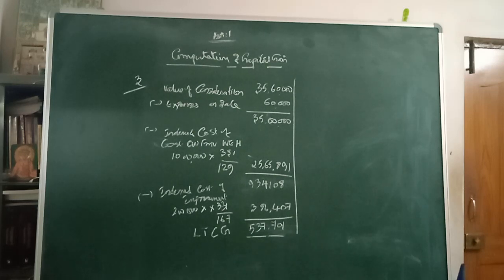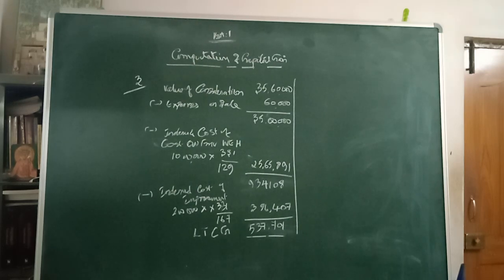So two things you should keep in mind. Actually, the asset was purchased prior to 2000. If it is prior to 2000, then for that we have to take the actual cost or fair market value. Another point is that the present owner became the owner of the property only in 2007, so we have to apply the index point for 2007.